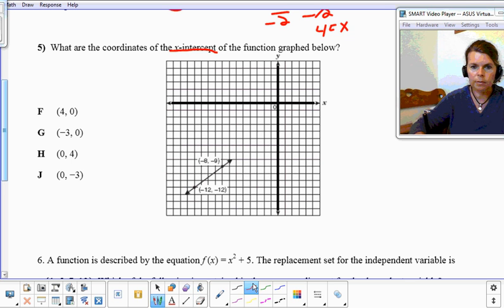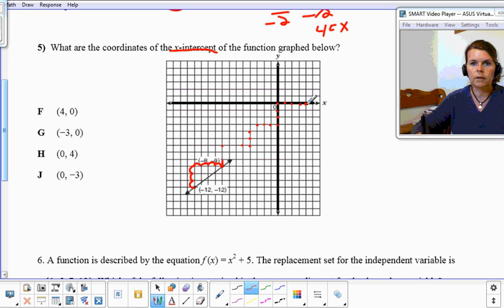Okay, and remember, failure can lead to success. So maybe you made the same mistake on the test, or maybe you didn't, but hopefully you can learn from my failures just as well as you learn from your own. There's 3 over 1, 2, 3, 4. So let's do that again. There's our y-intercept, but let's keep going.